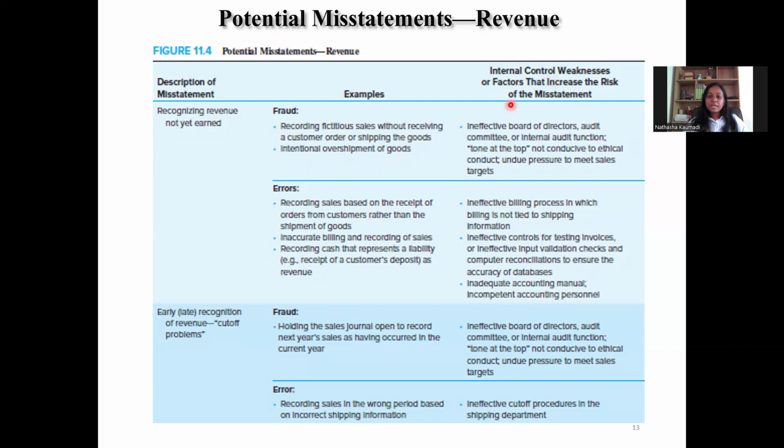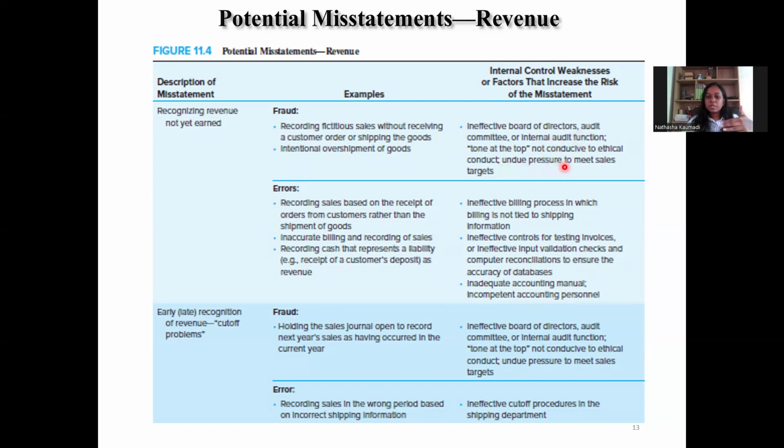So, look at these internal control weaknesses or factors that increase the risk of misstatement. What are the control weaknesses? Maybe an ineffective board of directors, audit committee, or internal audit function. If they are effective, if they are very sound, these things are not happening in an organization. So these things are happening because they are very poor, very ineffective.